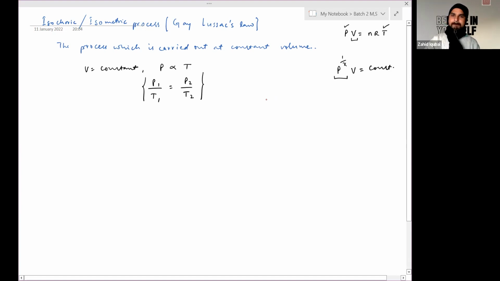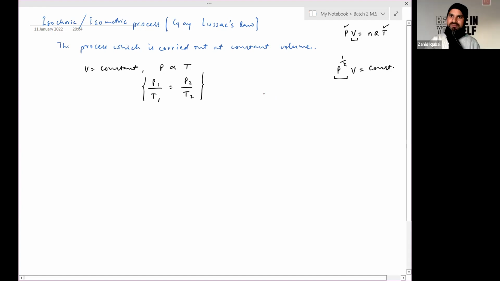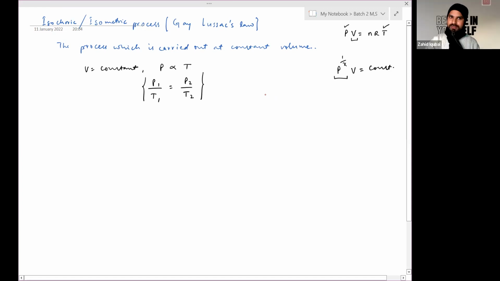Sumaira, any guess? 0. 1 by 0 becomes infinite. So pressure will be dominant in that case as compared to volume. Okay. Okay, sir. So it should be reciprocal of 0.